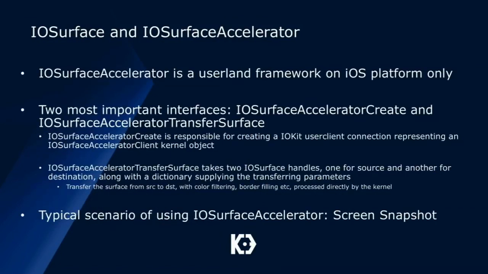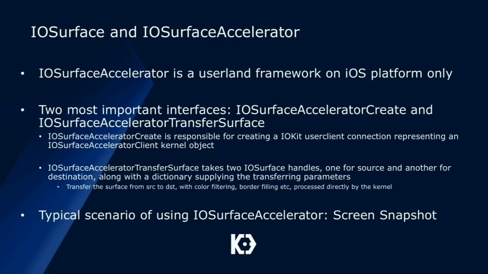And the second framework is the I/O surface accelerator. It's a kind of Userland framework that only exists on the iOS platform. There are two important interfaces. One is IO Surface Accelerator Create, and the other is IO Surface Accelerator Transfer Surface.